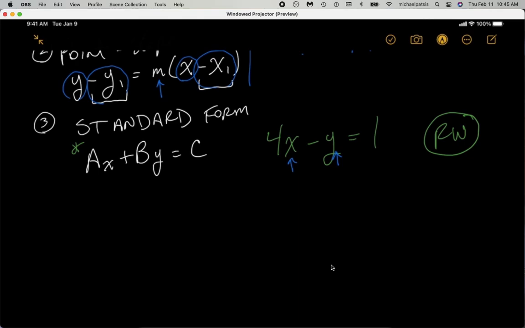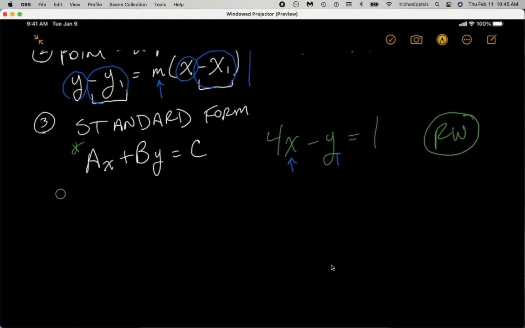What's going to change is the a value, the b value, which is a hidden one here, and the c value. That is what's going to change. You are always going to see an x and a y in the real world.